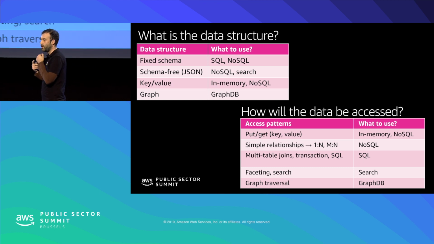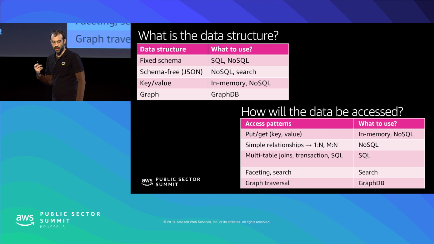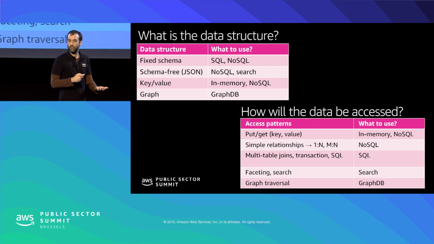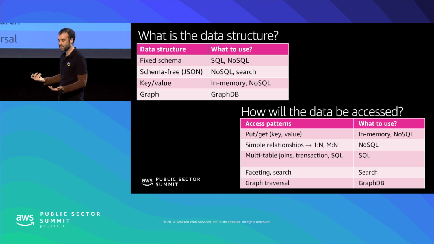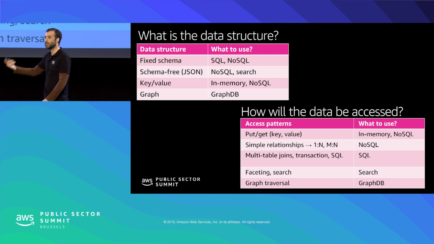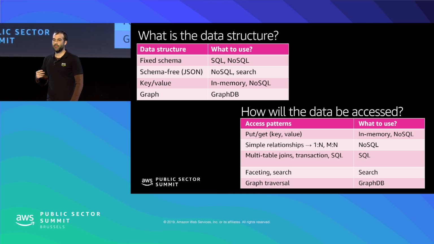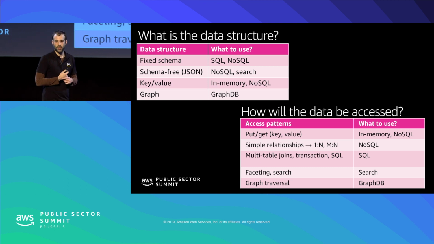If your data structure has a fixed schema, then probably SQL is the way to go, especially if you have complex relationships and table joins. If this is the way you access the data, then you should evaluate SQL databases first. If your data has no fixed schema or has simple key-value pairs, then you should evaluate a NoSQL database first.